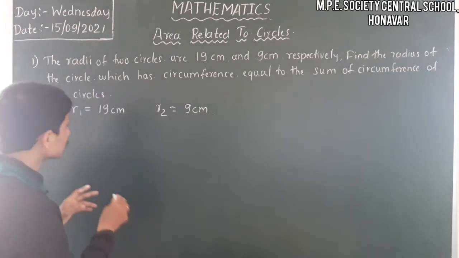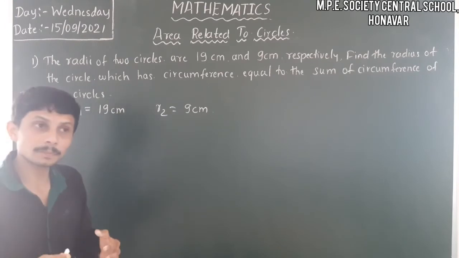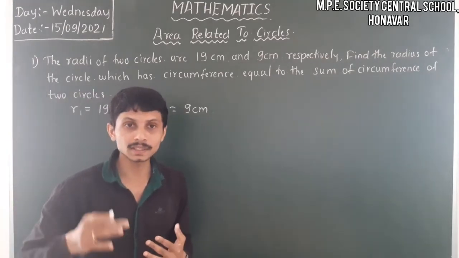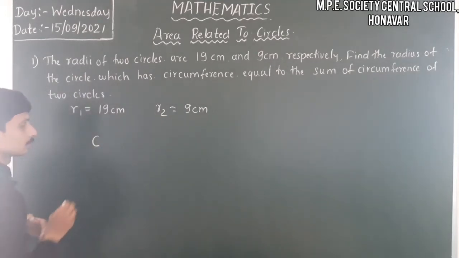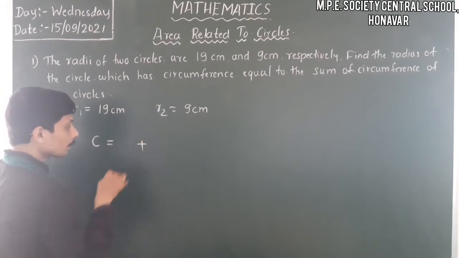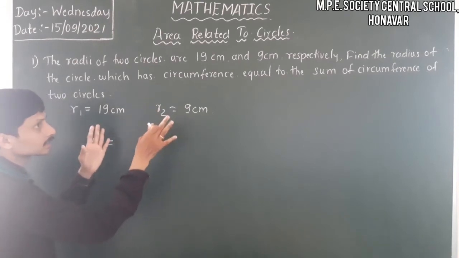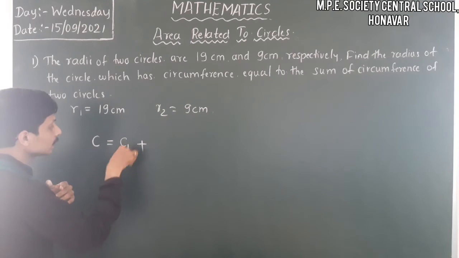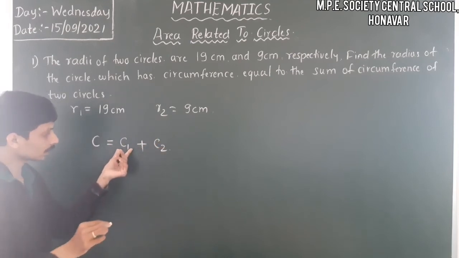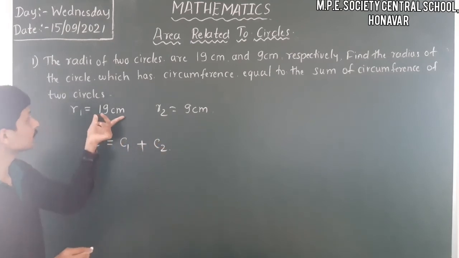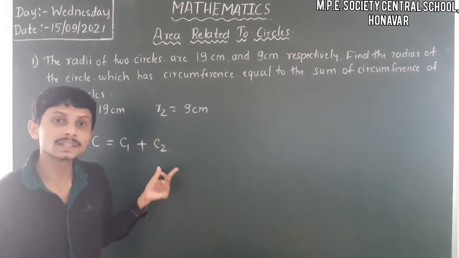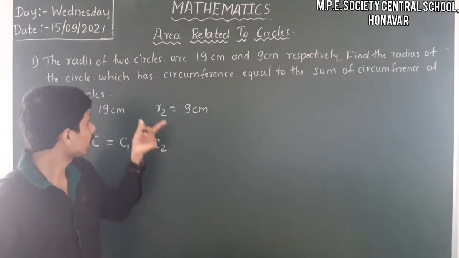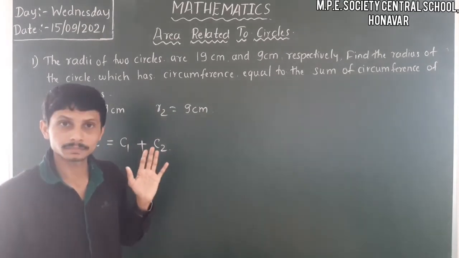So if we take C, capital C, as the circumference of the bigger circle, this is equal to the sum of the circumferences C1 and C2. C1 is the circumference of the first circle having radius 19 centimeter, and C2 is the circumference of the second circle having radius 9 centimeter.